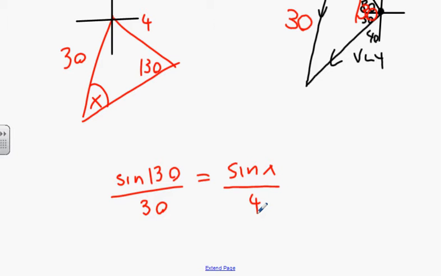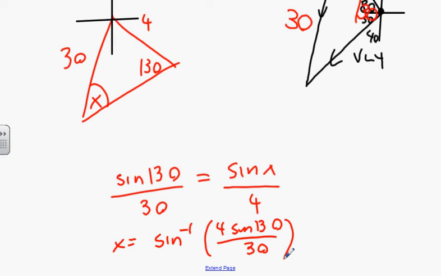So x will equal sine inverse of 4 sine 130 all over 30. Will somebody give me that? 5.86 degrees. So it's a very sharp angle.